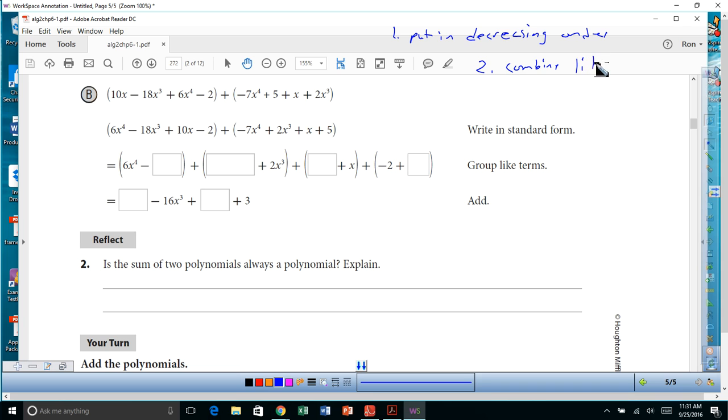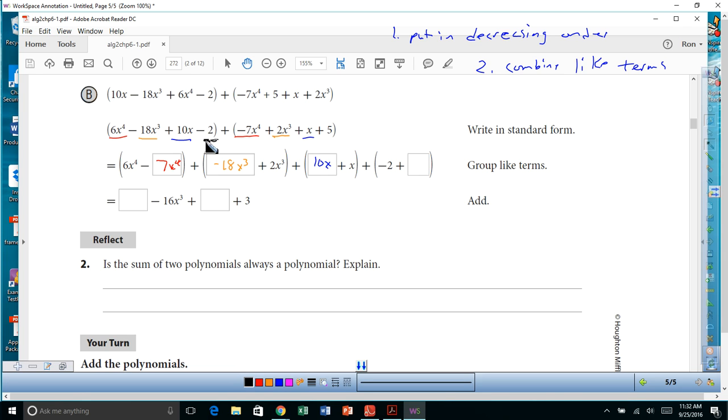And then step 2 would be to combine like terms. Now, I said like terms were the same variable with the same exponent. So look at here. We've got 6x to the fourth and negative 7x to the fourth. So that's going to be minus 7x to the fourth. You got negative 18x cubed and 2x cubed. And 10x and x.